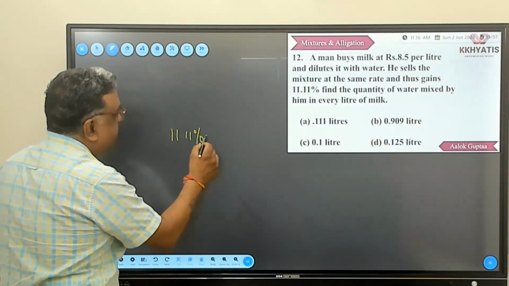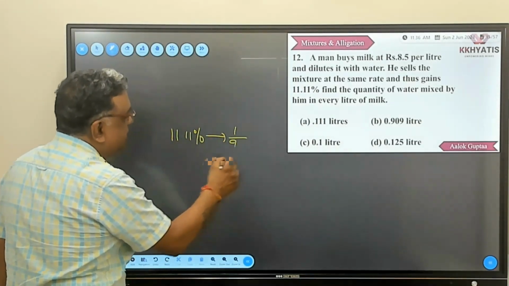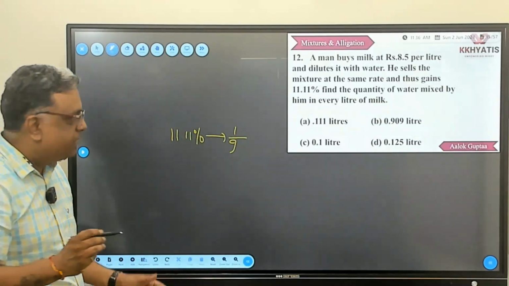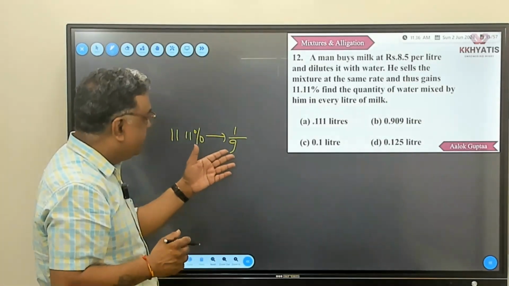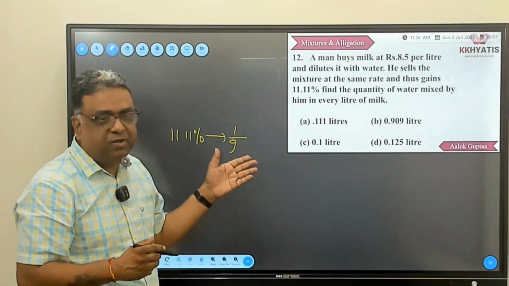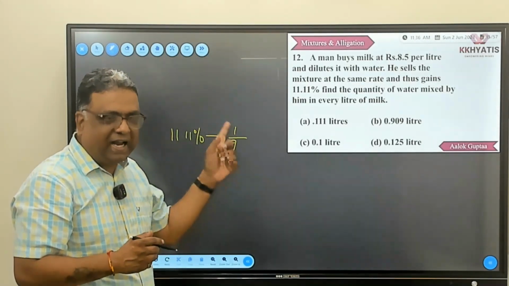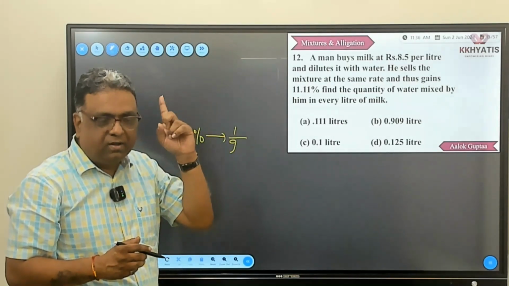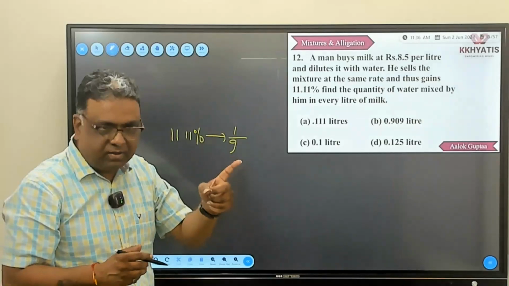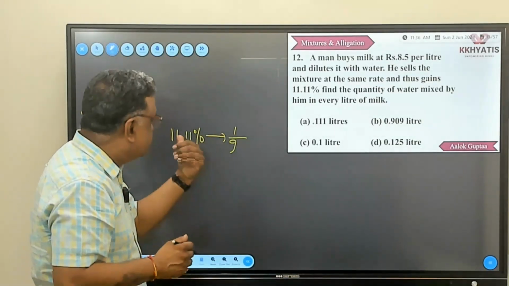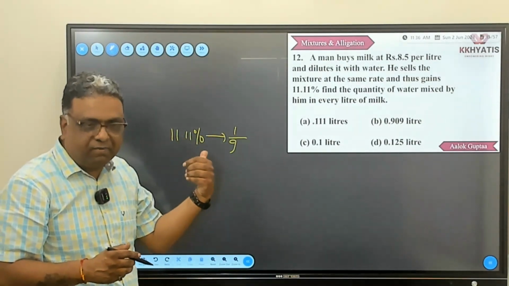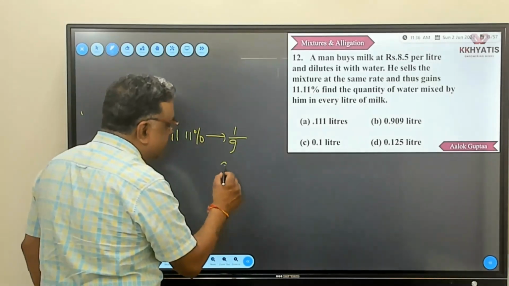In my percentages lecture, I had shown that 11.11% in fraction can be written as 1 upon 9, which means in every 9 liters of milk, he is adding 1 liter of water. And that's why he is getting a profit of 11.11%.